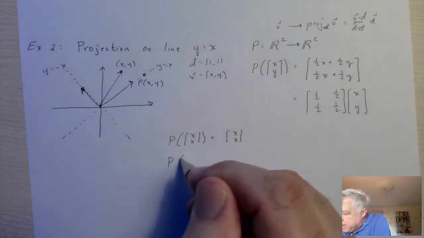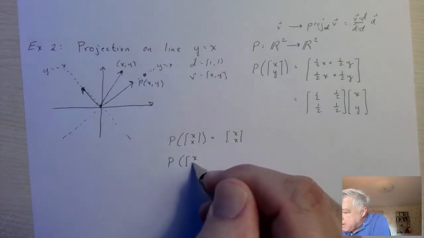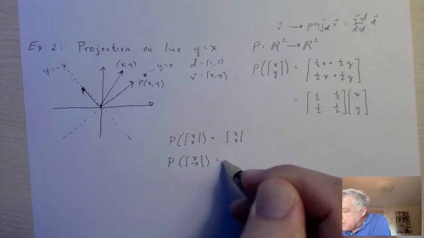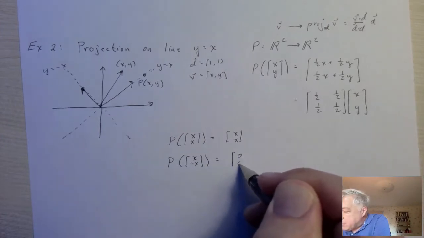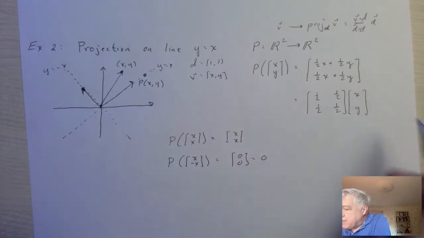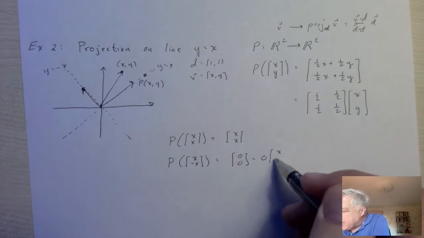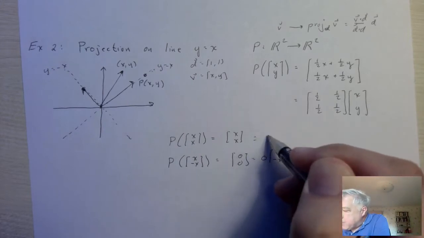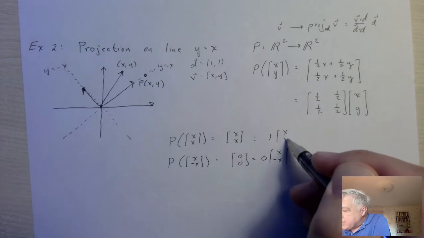So we have P of x, minus x is going to be 0, but you can also see that this will be 0 times (x, minus x), and this will be 1 times x.